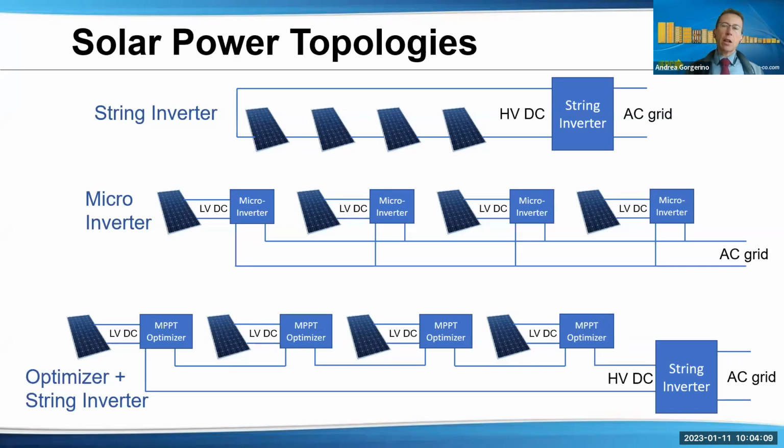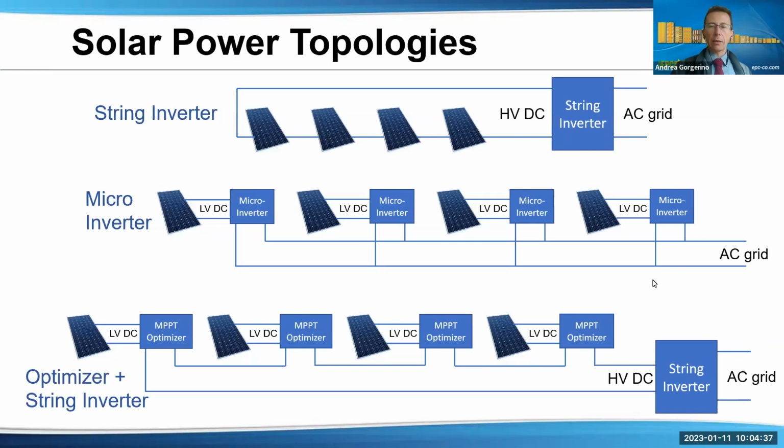And AC here typically is around 220 volts RMS, and that's why it's more used in the smaller systems. The last option is an optimizer plus string inverter. So it kind of combines a little bit of both. Each panel is connected to an MPP optimizer, which still is a DC system. They're all put in series and they all tie into a string inverter, similar to the first case.